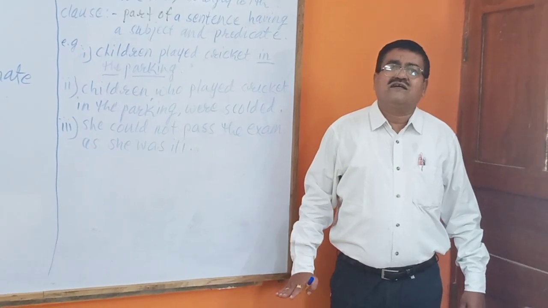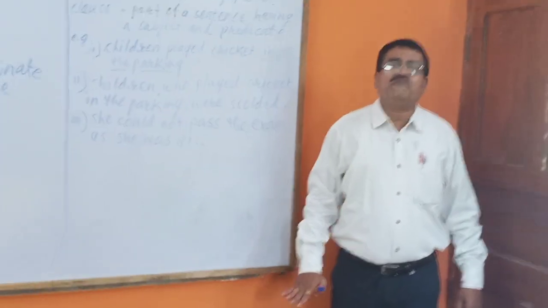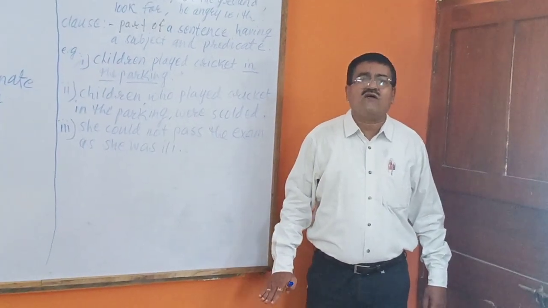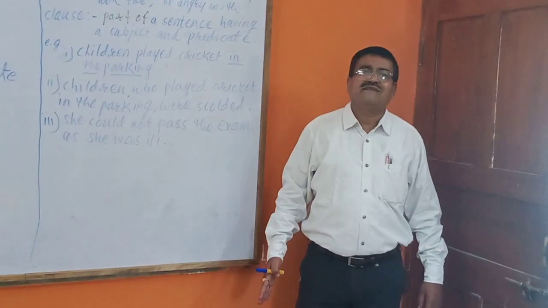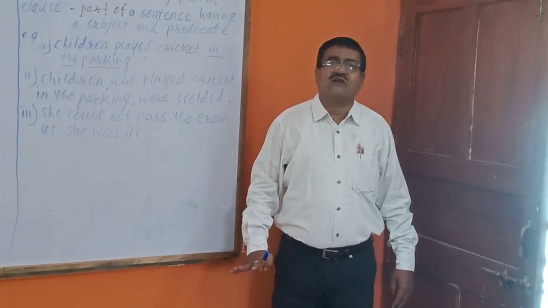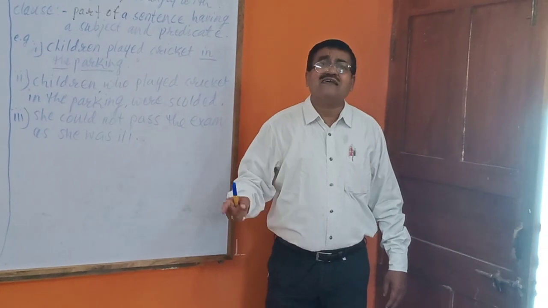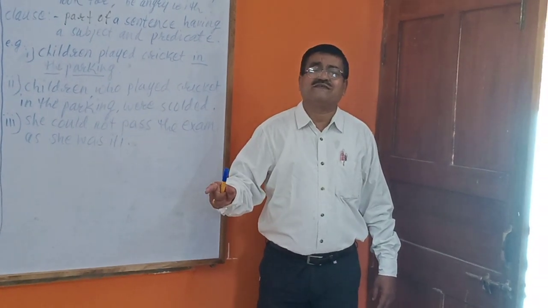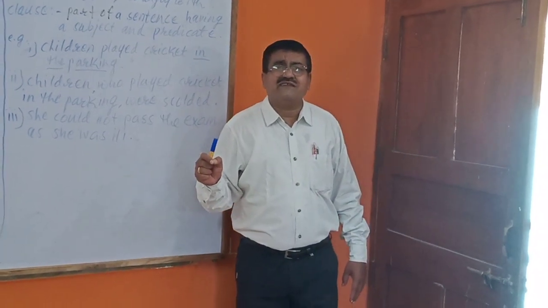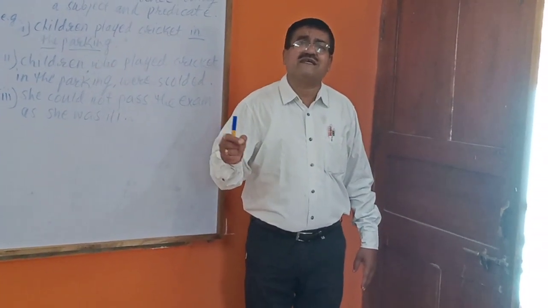But clause is the part of a complex or compound sentence, a part which consists of a subject and predicate, that is, a subject and a finite verb. Clause is the part of a complex or compound sentence. In other words, clause is the sub-sentence.